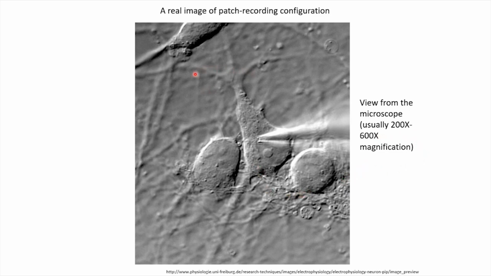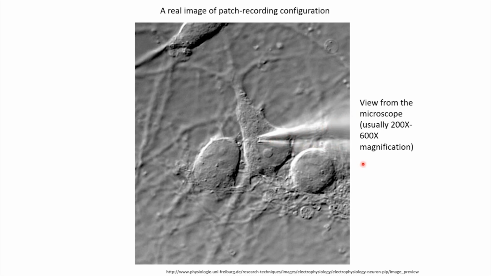So this is a horizontal plane that is being visualized from top, and this electrode is coming from top and it is patching on the neuron. So the tip of the electrode is in the same plane as the neuron, and that plane is in focus. But as we go higher on the electrode, it gets out of focus.